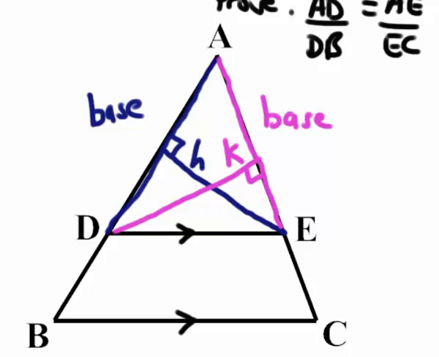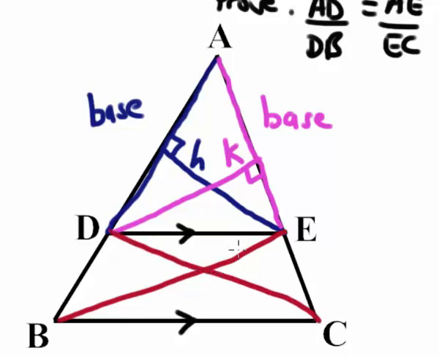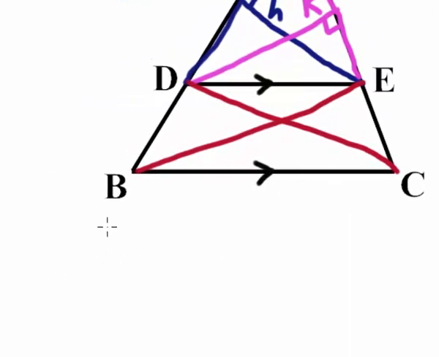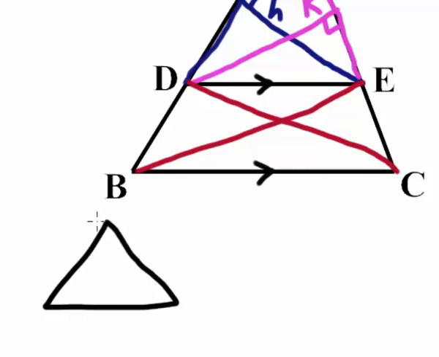Now another very interesting thing that you can do, and this is really cool, is if you join B to E and D to C, you get this scenario of triangle ADE. Now watch this carefully.